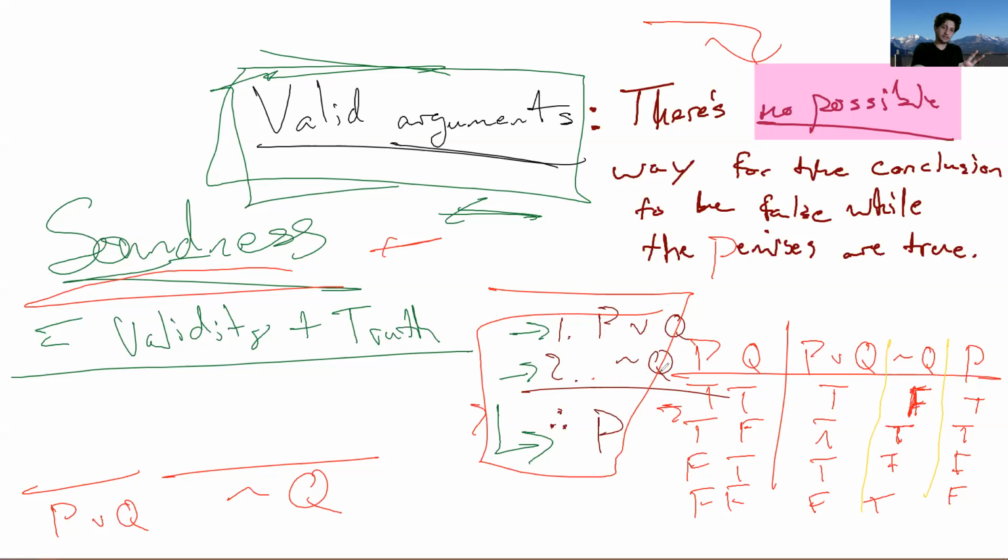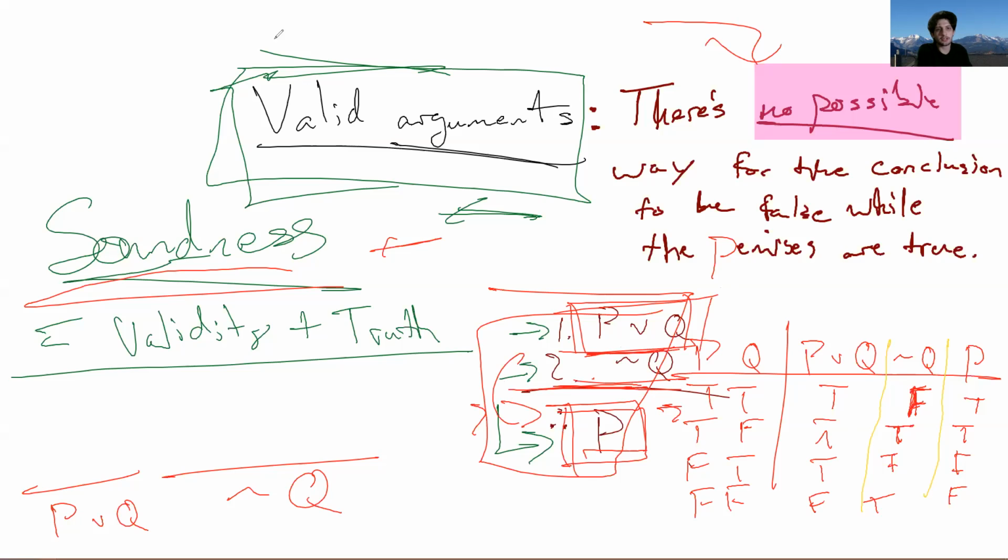That's not contradicting it, but it does tell me, below this line, that's where we get the conclusion. Because I started off believing one of them had to be true, and then I found out that this one isn't, well then the other one really has to be. I have no choice. One of them had to be. I ruled this one out. It's the process of elimination.